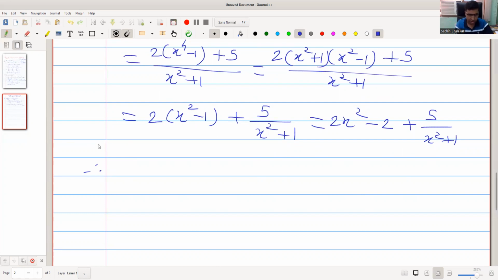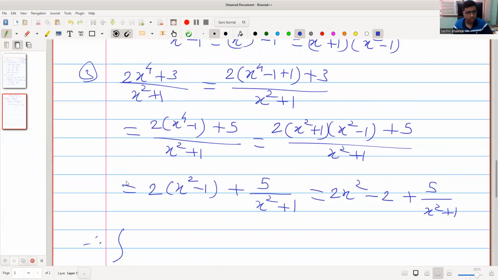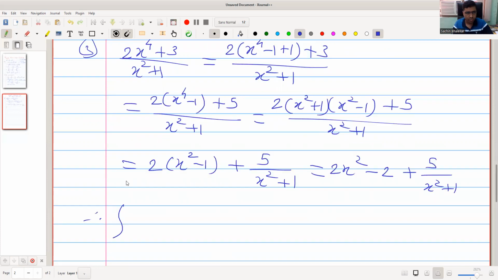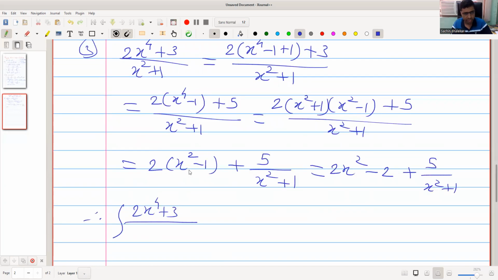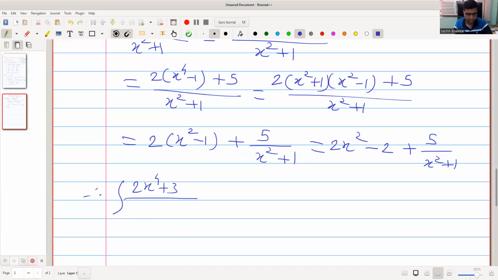So integral of 2x raised to 4 plus 3 divided by x square plus 1 dx equal to this one.